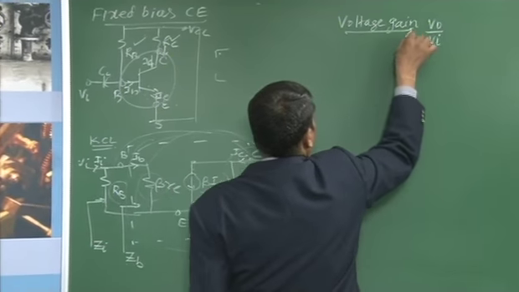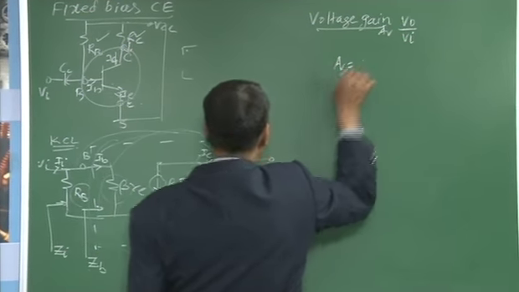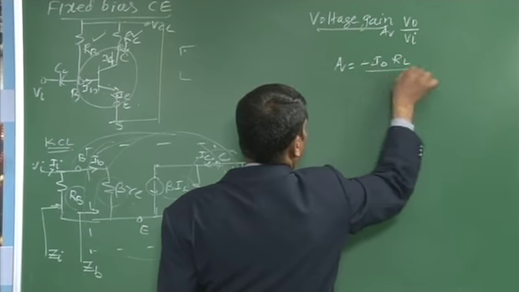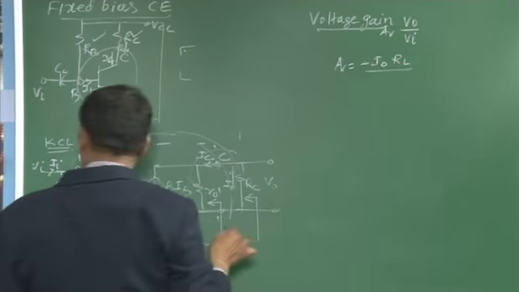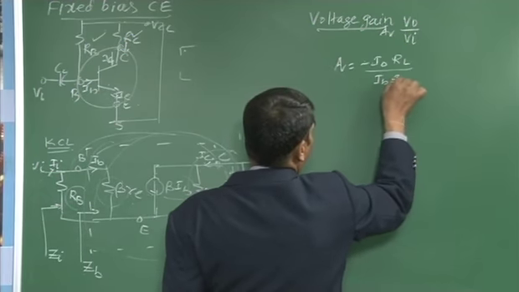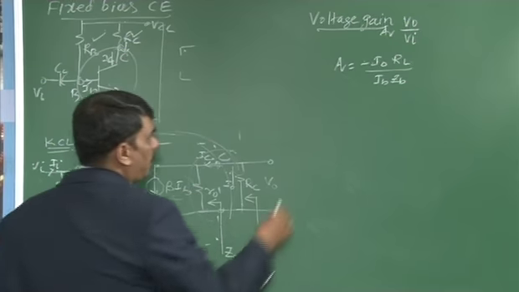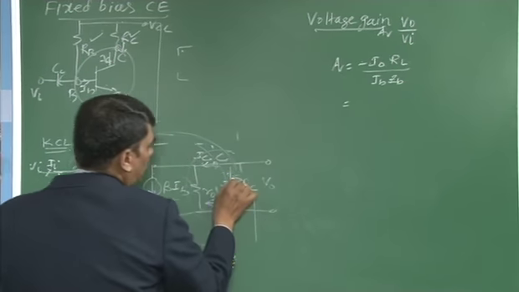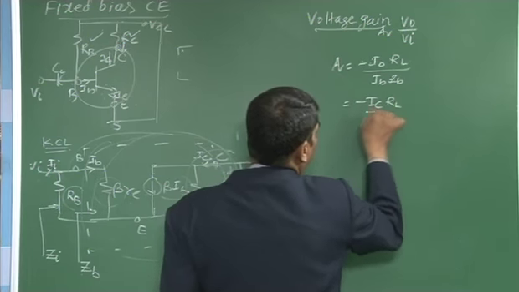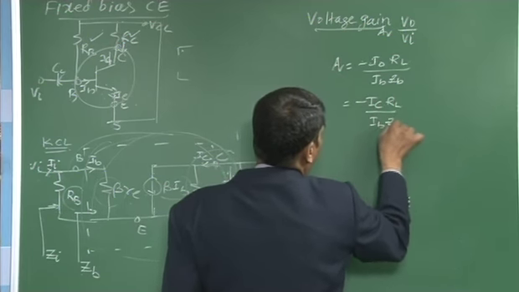We know that V0 is equal to minus I0 RL, and Vi is nothing but, from the input circuit, IB into ZB. Because the current I0 and IC are in the same direction, you are going to get minus IC RL divided by IB ZB.